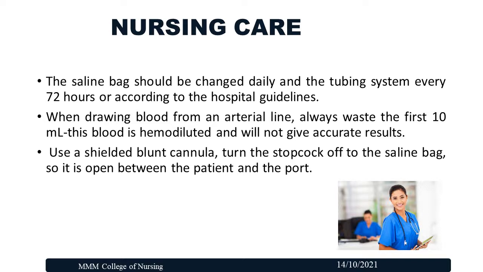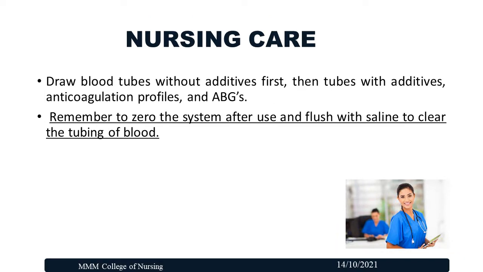Turn the stopcock off to the saline bag so it is open between the patient and the port. Draw blood tubes without additives first, then tubes with additives, anticoagulation profiles and ABGs. Remember to zero the system after use and flush with saline to clear the tubing.